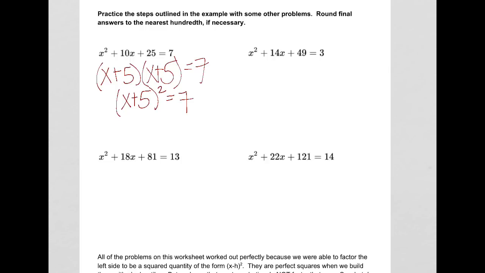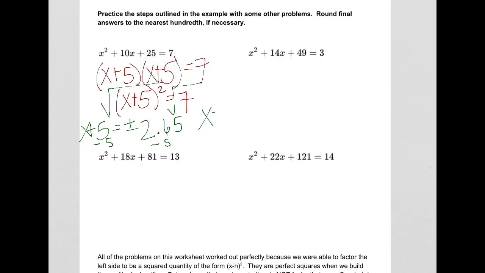Alright, and now we can see that we could solve the rest of this by square roots. So we square root both sides. We get x plus 5 equals positive or negative 2.65. So then we have to take away 5 from both sides.